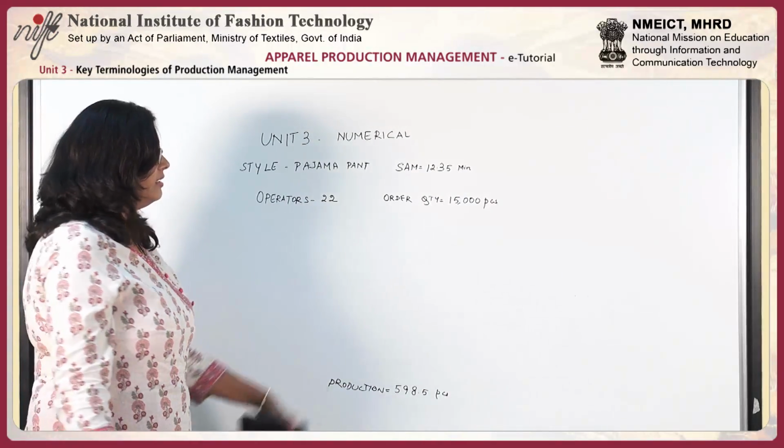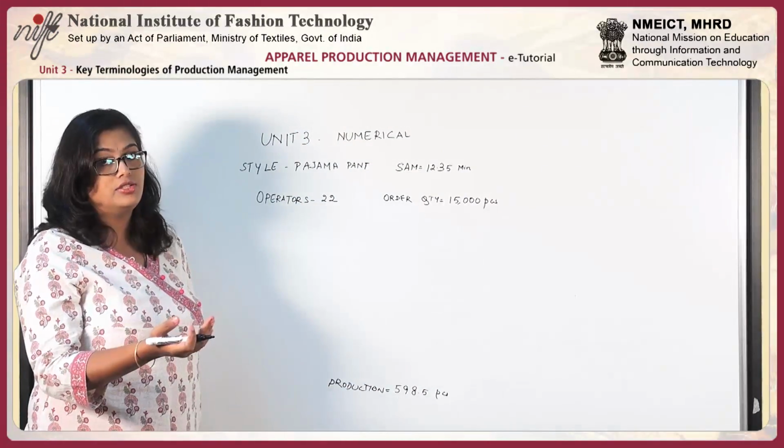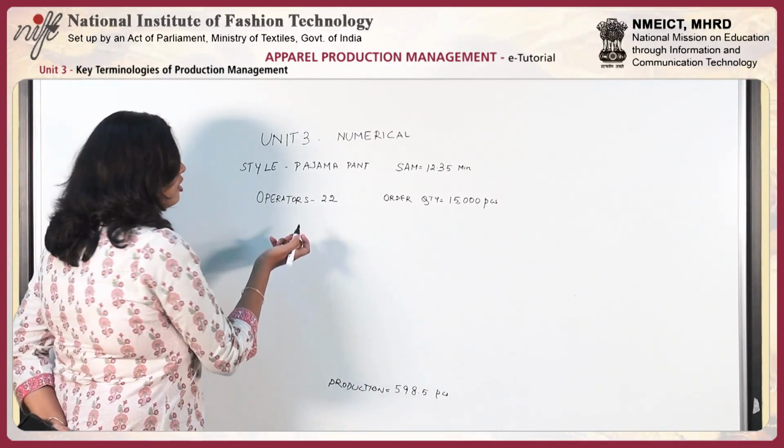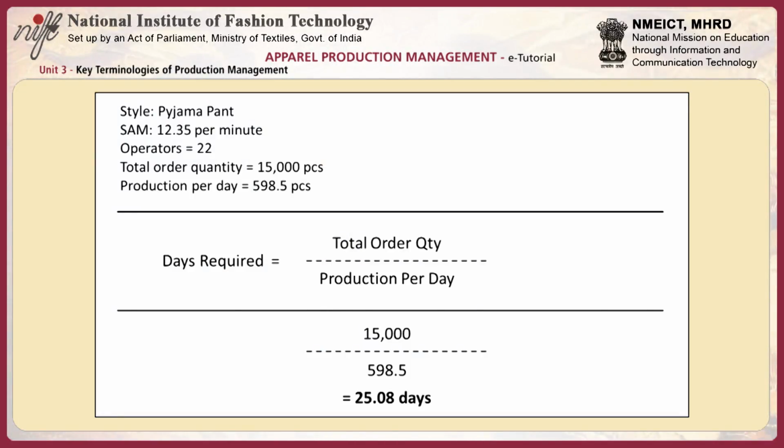So, to calculate the number of days needed for the production of 15,000 pieces, please pay close attention to this formula which is coming on your screen. We need to divide the total order quantity by the production per day.